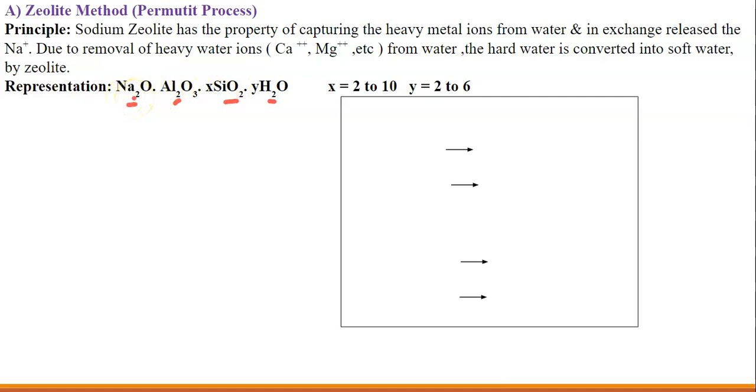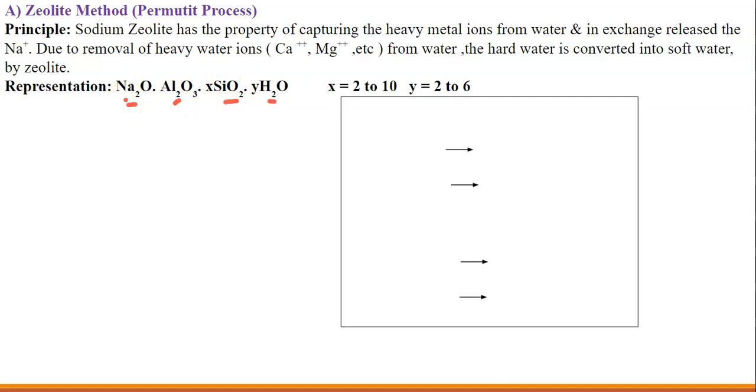The structure of zeolite is similar to the structure of a honeycomb. At the framework, at the boundary, the atoms are aluminium, oxygen, and silicon, while in the gaps present in the zeolite structure, sodium atoms are loosely held.